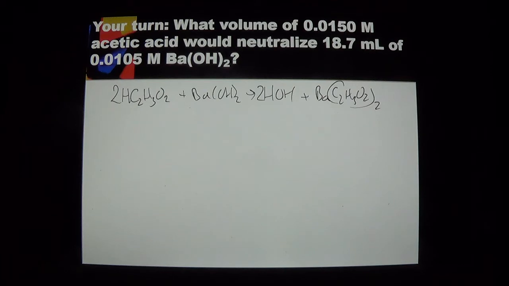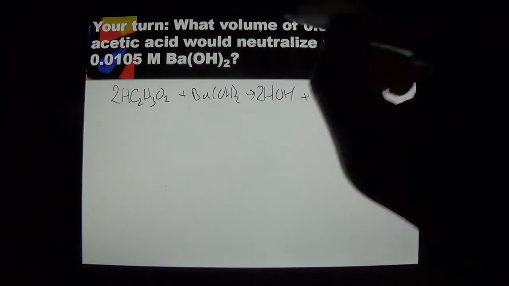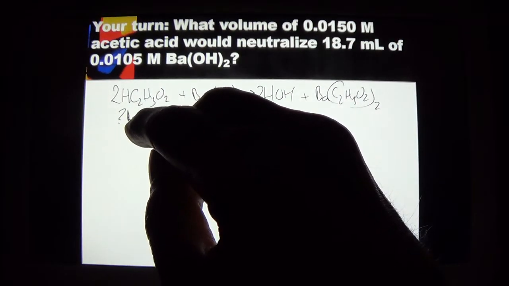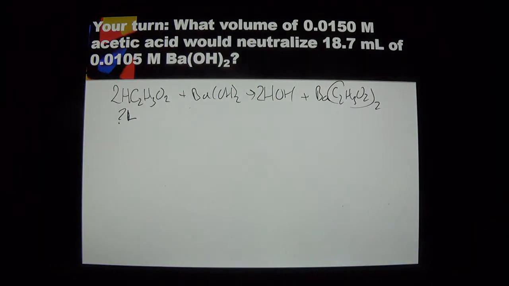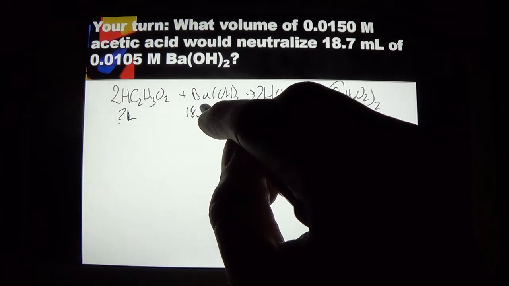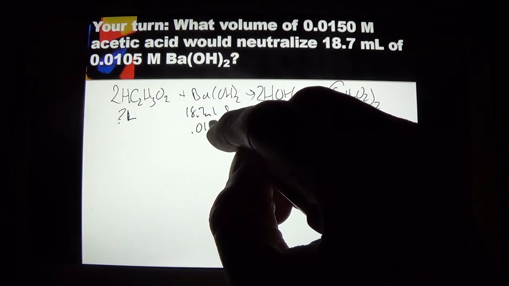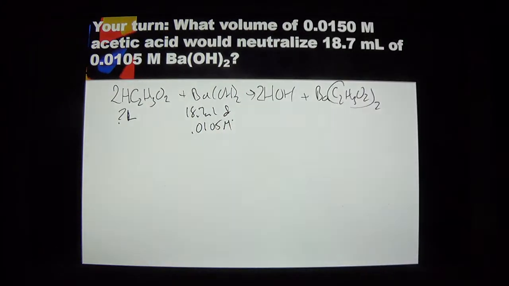Now I am focused. Now I ask myself, what do I want to know? Or I ask myself, what do I need? Or what do I have to find what I need? So I'm looking for what volume of acetic acid. So I want what volume, that's in liters, of acetic acid if I have 18.7 milliliters of 0.0105 molarity barium hydroxide.